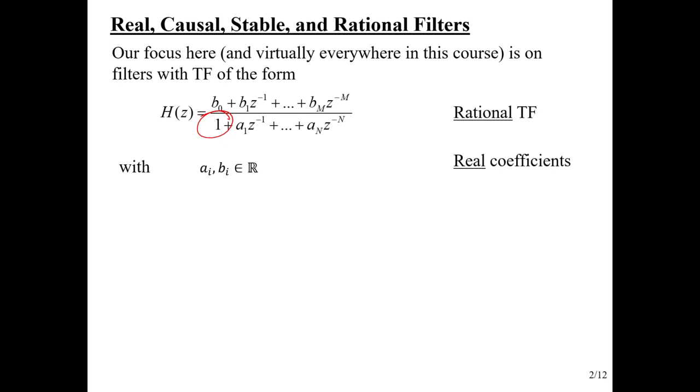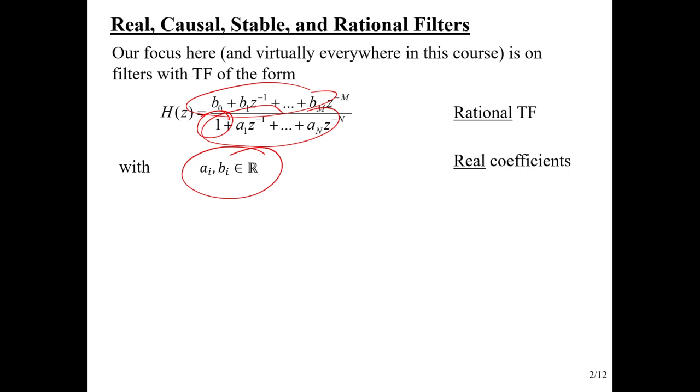By making these coefficients real valued, it imposes certain constraints on the poles and zeros. So remember, the poles are the roots of the denominator and the zeros are the roots of the numerator after we've converted into z form.